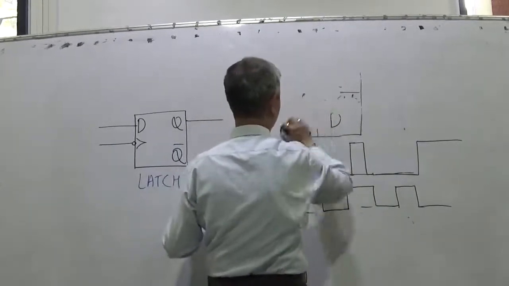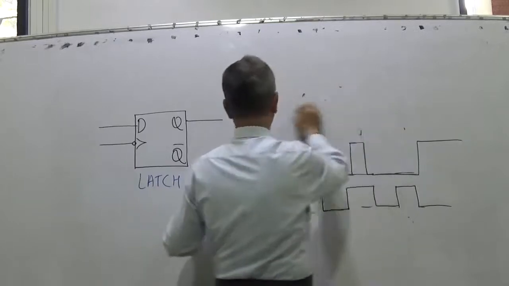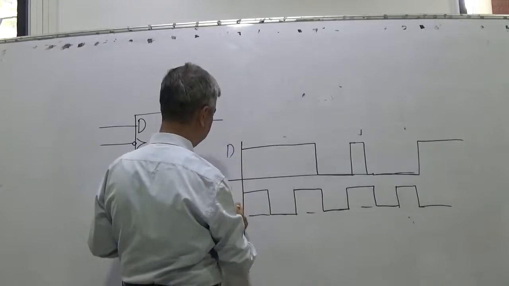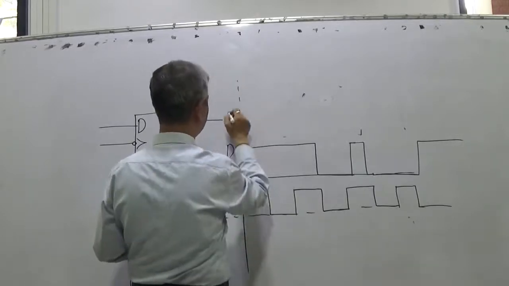I am drawing the output at the top. So this is D, this is CLK, and here I am plotting Q.